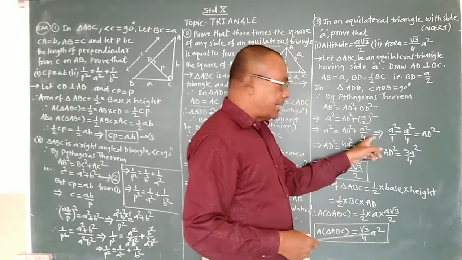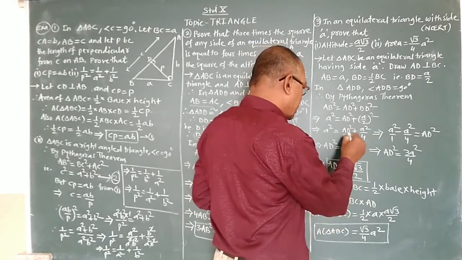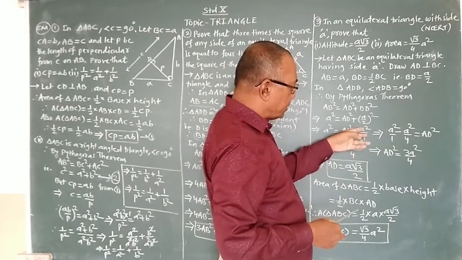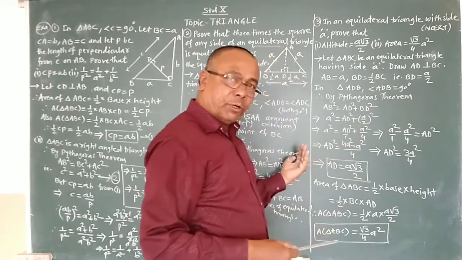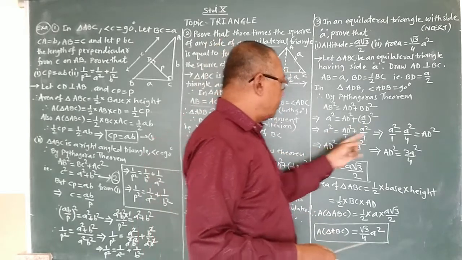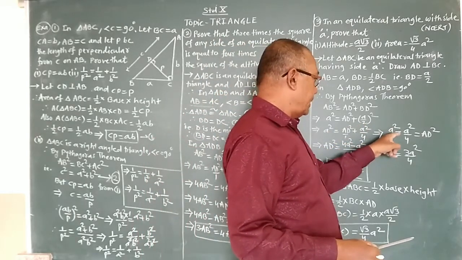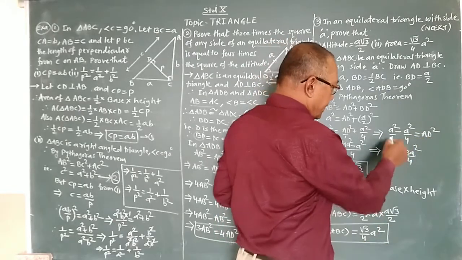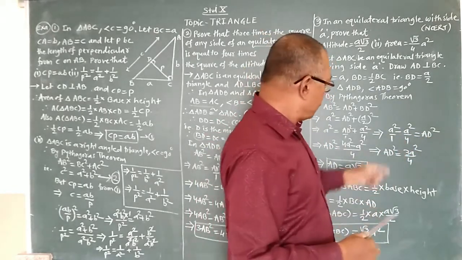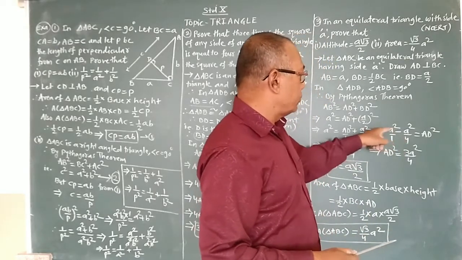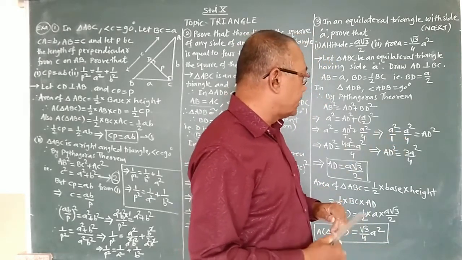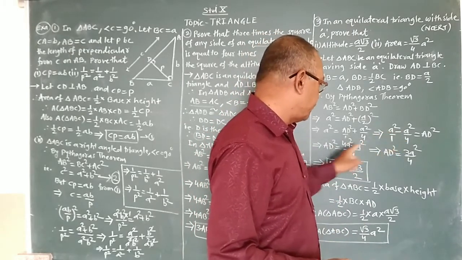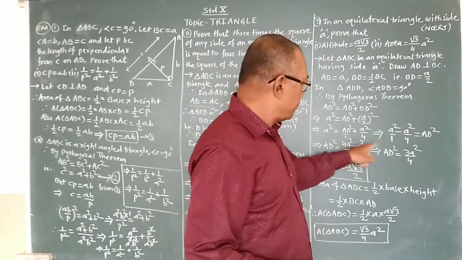Again the denominator is not the same. If plus A square upon 4 is taken to left hand side, it will become minus, so we get A square minus A square upon 4 is equal to AD square. Here the denominator is 1, so for this subtraction we cross multiply, so AD square is equal to 4A square minus A square divided by 4.